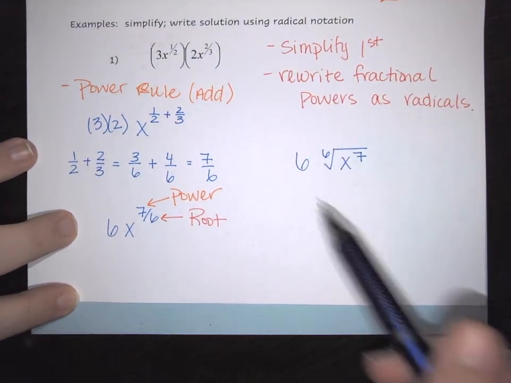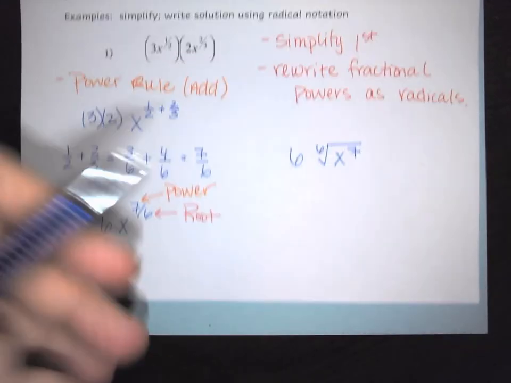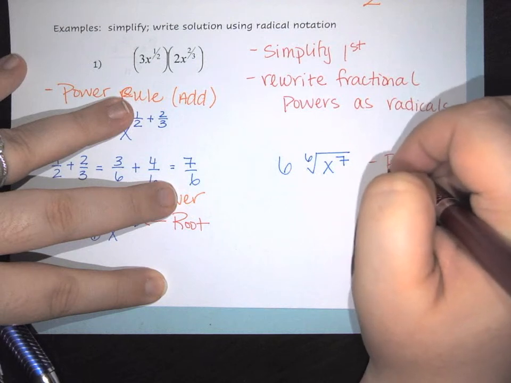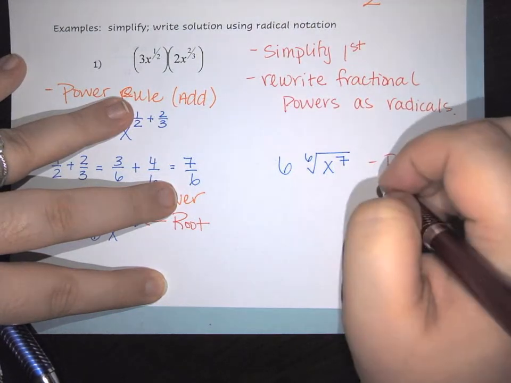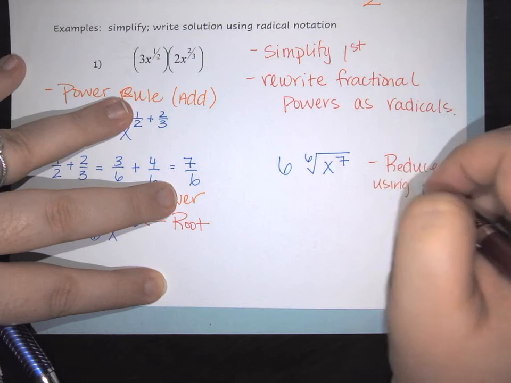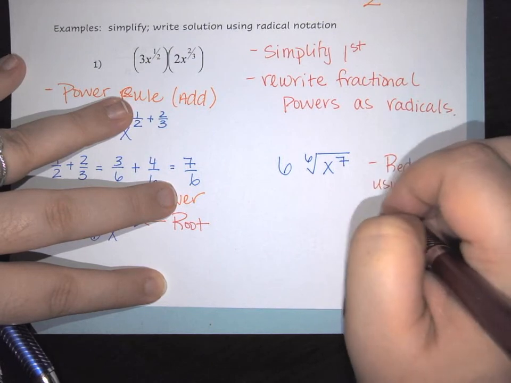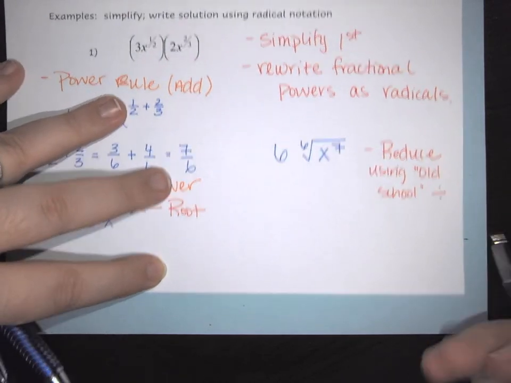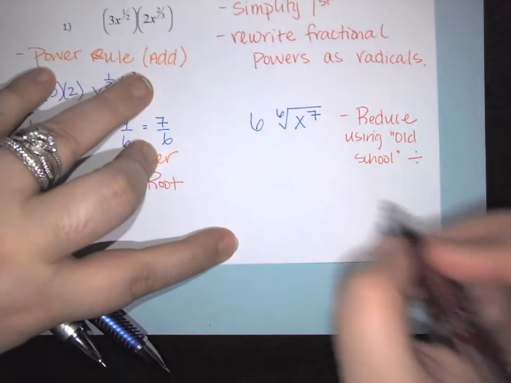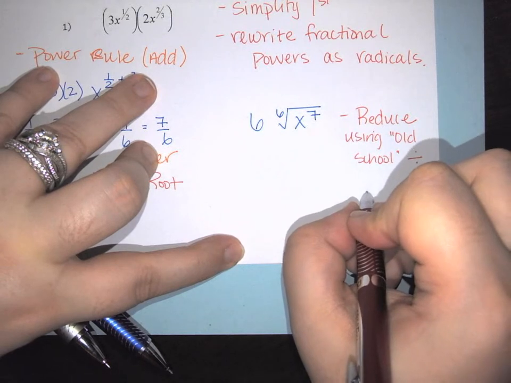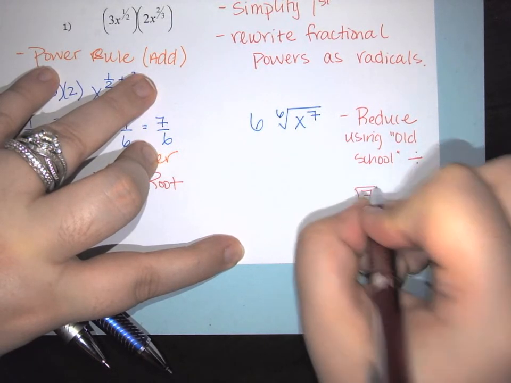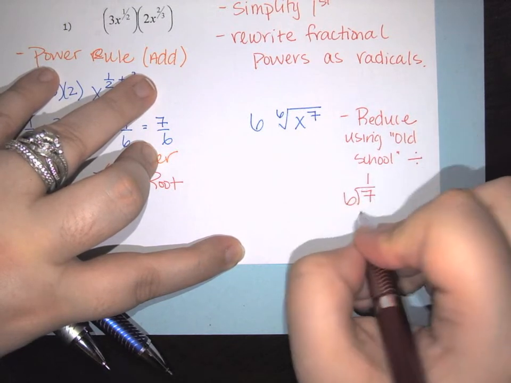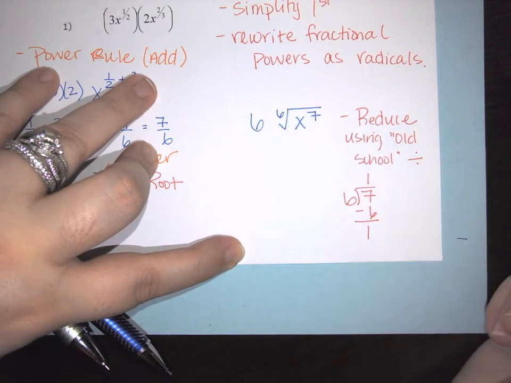Now that I have my radical form, I have to go ahead and reduce. Okay, so here I want to reduce, and I'm going to do that using old school division. So old school division again says that I'm going to take my power, so 7 goes inside the divider, my root goes on the outside, so 6 can go into 7 once, minus 6 leaves 1 behind.